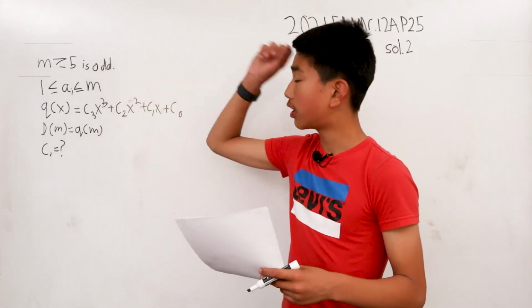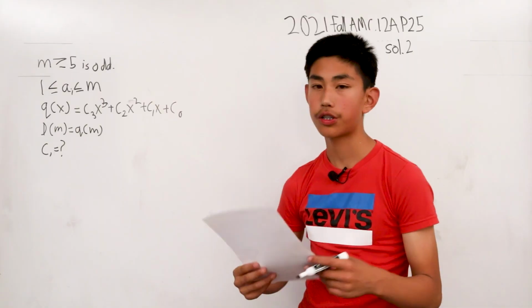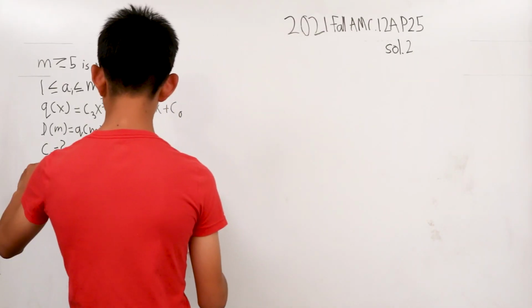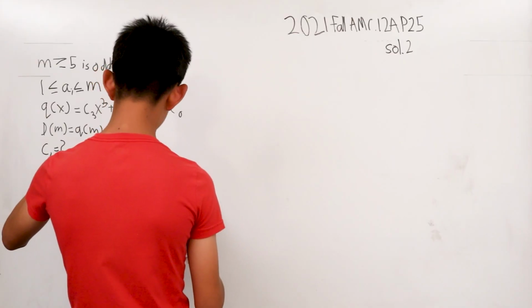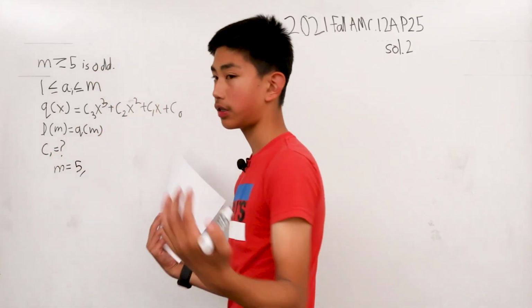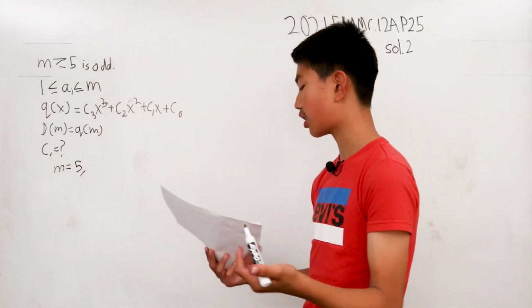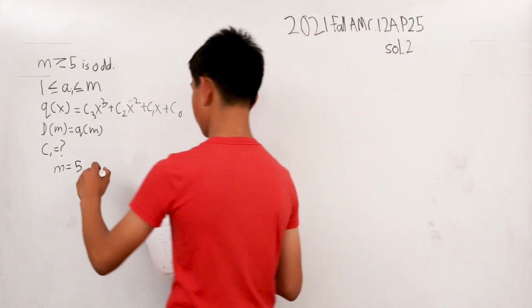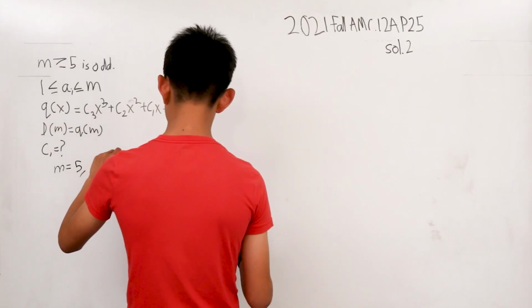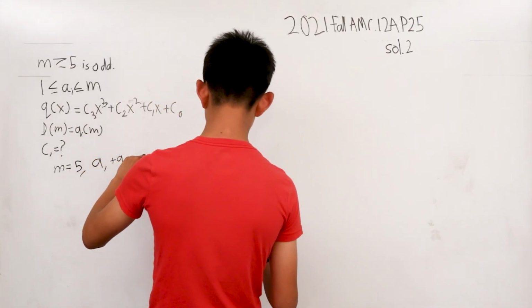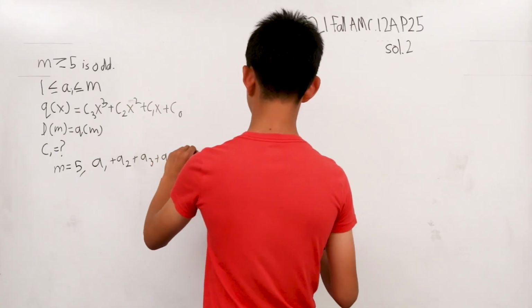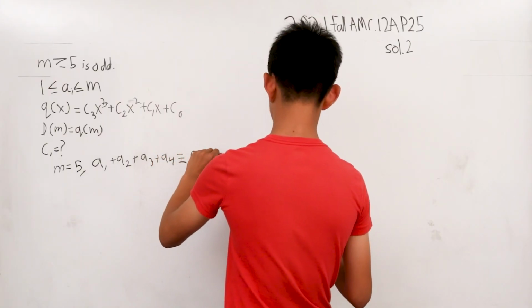since m is greater than or equal to 5, we could just start testing values. When m is 5, there are 24 distinct quadruples, such that the sum of all 4 of these values, a1 plus a2 plus a3 plus a4, is congruent to 0 mod 5.